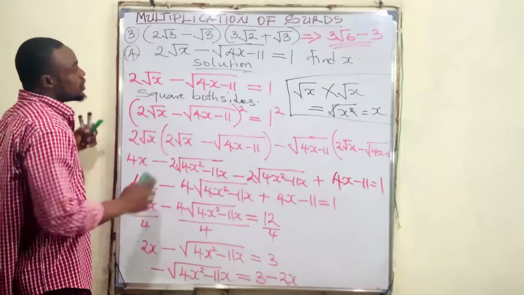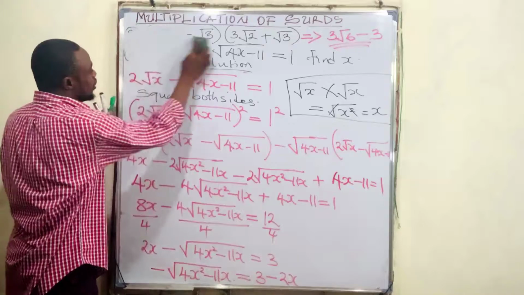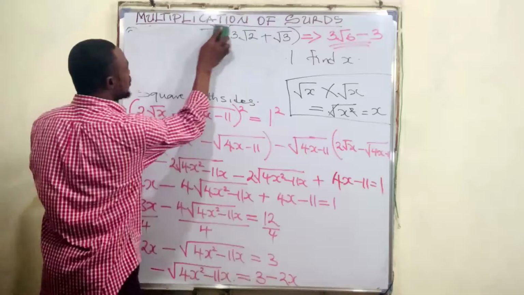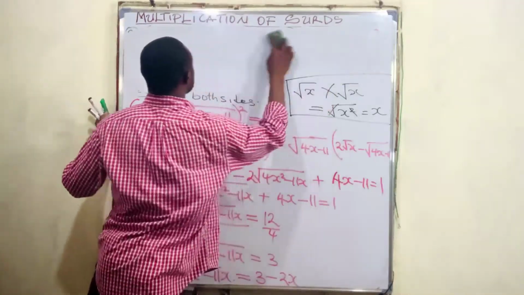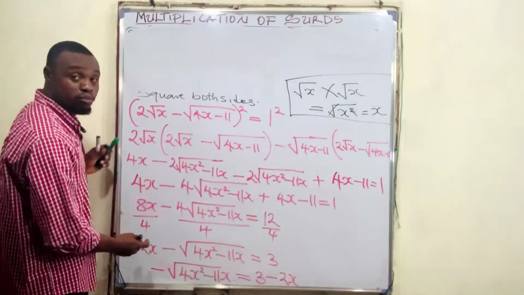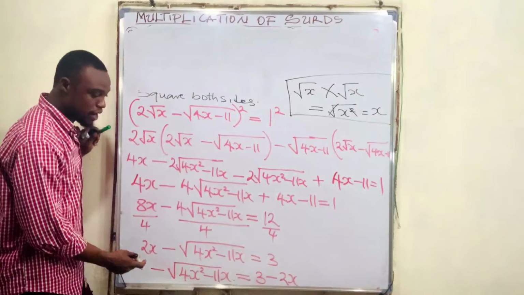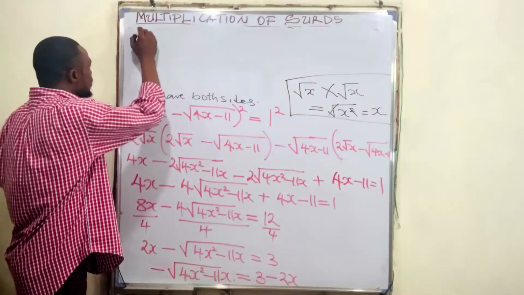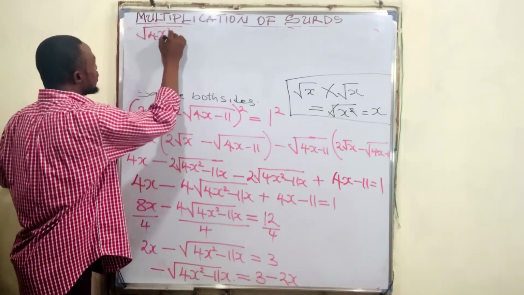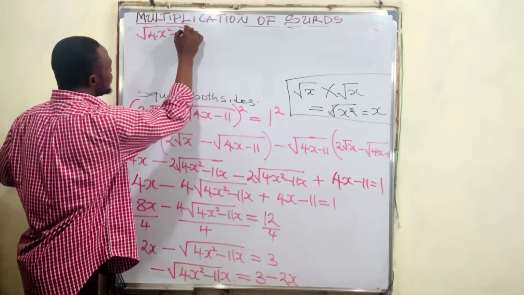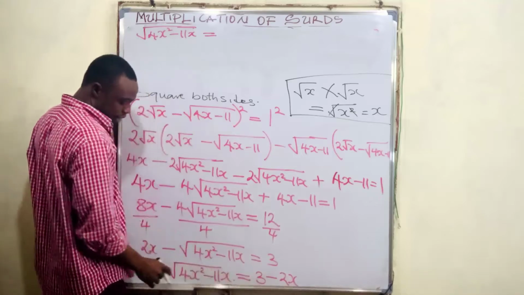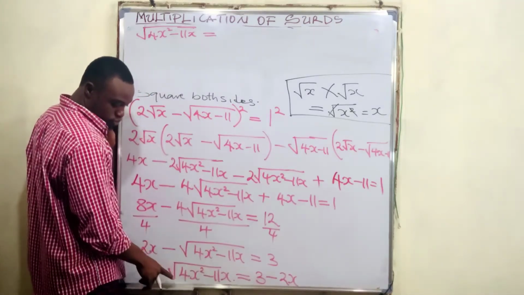So at this point, I'm going to clean what we have up there so that we can continue solving this question. Okay? So if we multiply both sides by minus 1, we are going to get this. The root of 4x squared minus 11x to be equal to minus 1 multiplied by minus root 4x squared.